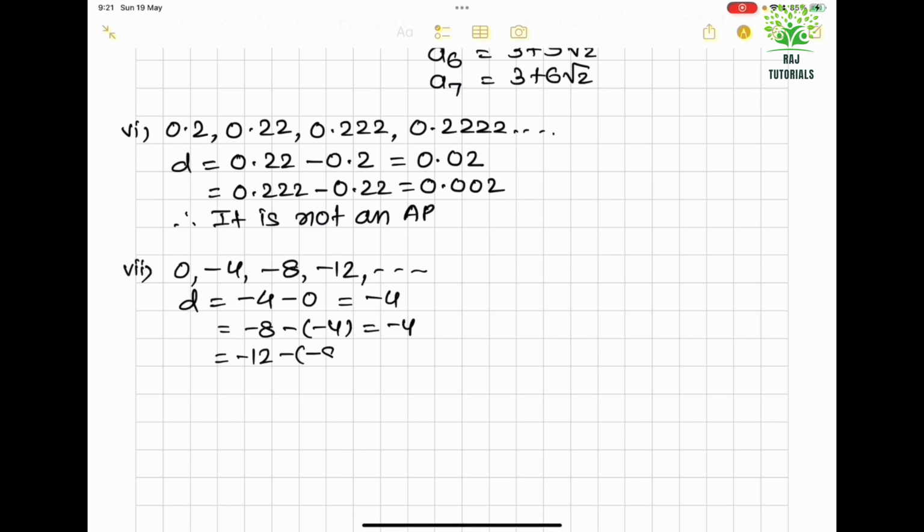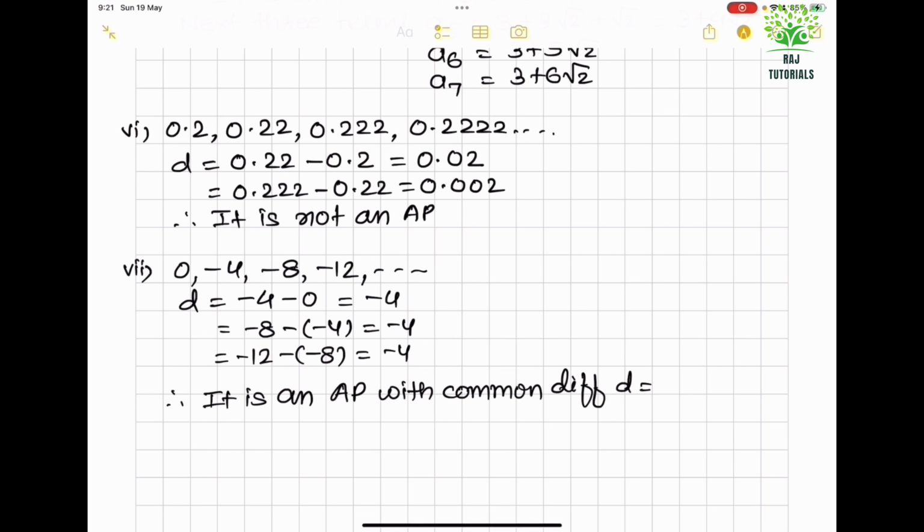Minus 12 minus of minus 8 also will be minus 4. So therefore it is an AP with common difference d equal to minus 4.